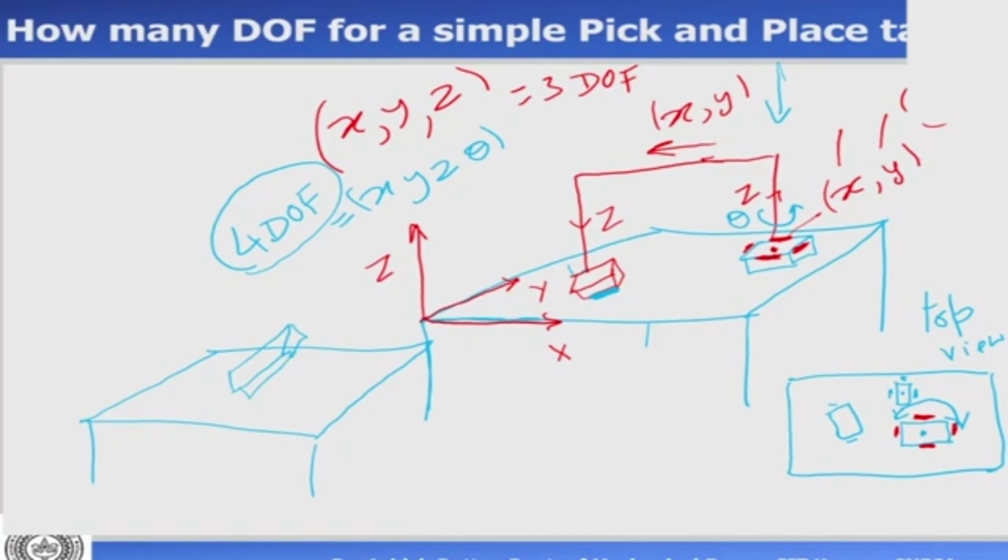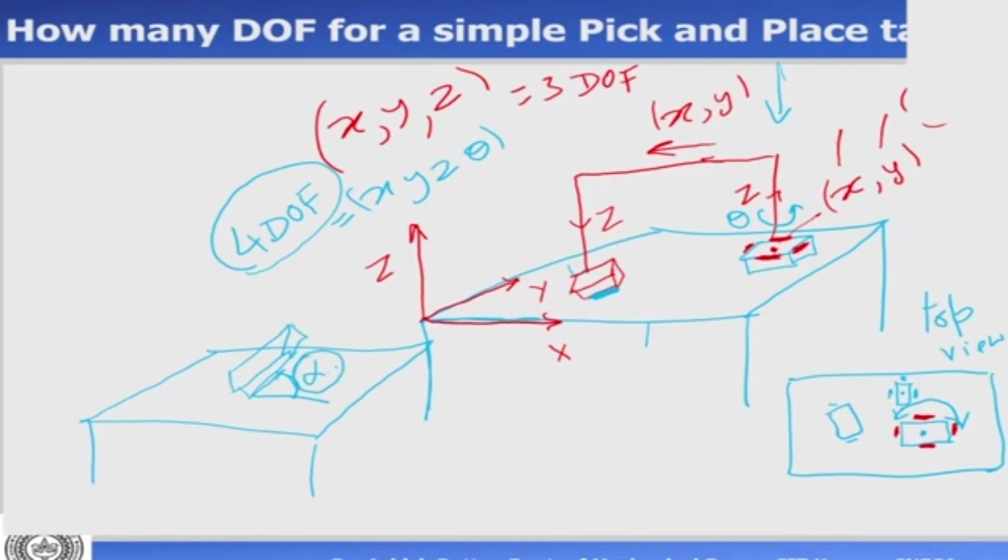Suppose there is a small triangle kind of object on which I want to keep the rectangle. That means the bottom surface of the rectangle must make an angle with the surface of the table. That means I have added one more angle here.